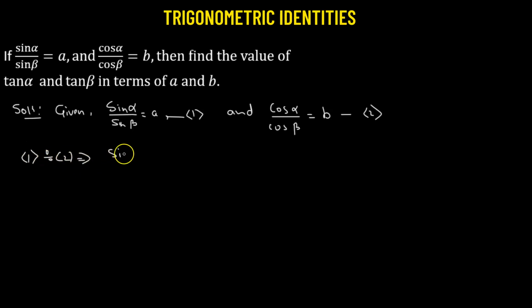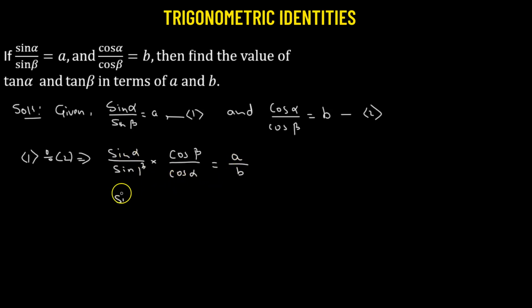That means we have sine alpha divided by sine beta. Since we're dividing by cos alpha over cos beta, that's simply multiplying by the reciprocal. So we have cosine beta divided by cosine alpha, which will be equal to A divided by B. Now we can rewrite this.